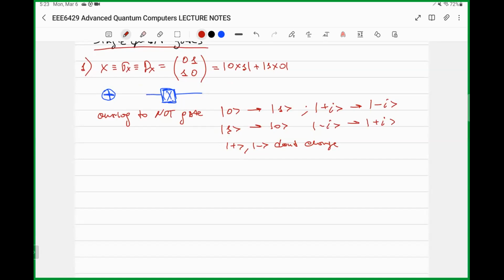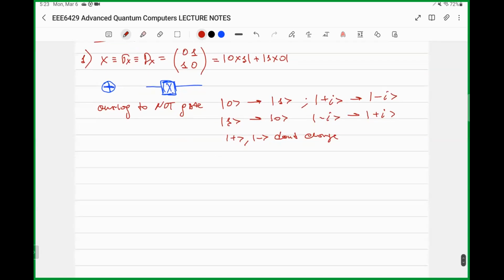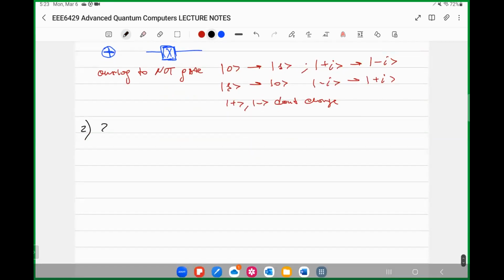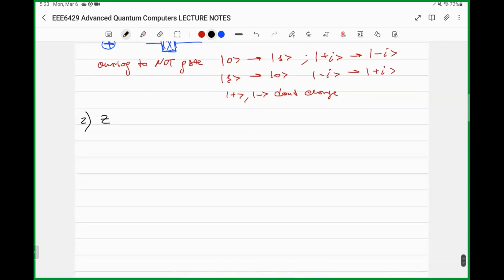So then the second gate was the Z gate. I just follow the last lecture notes to see what we've done last time. It is also known as sigma Z gate, or P Z gate, and is represented by its matrix 1, 0, 0, minus 1.